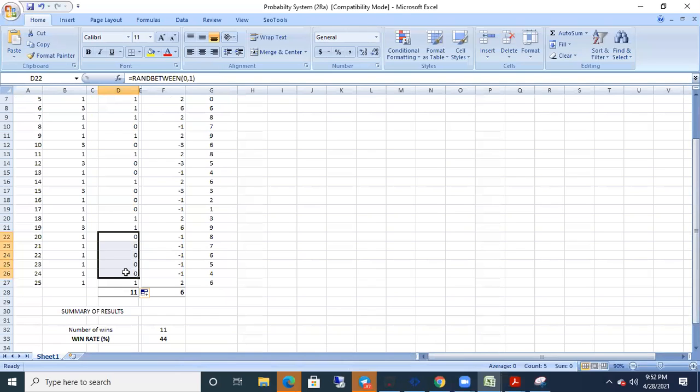But the account was still up after 25 trades by 6%. So this puts a tag of nonsense on the desire of traders to seek a holy grail of a strategy.